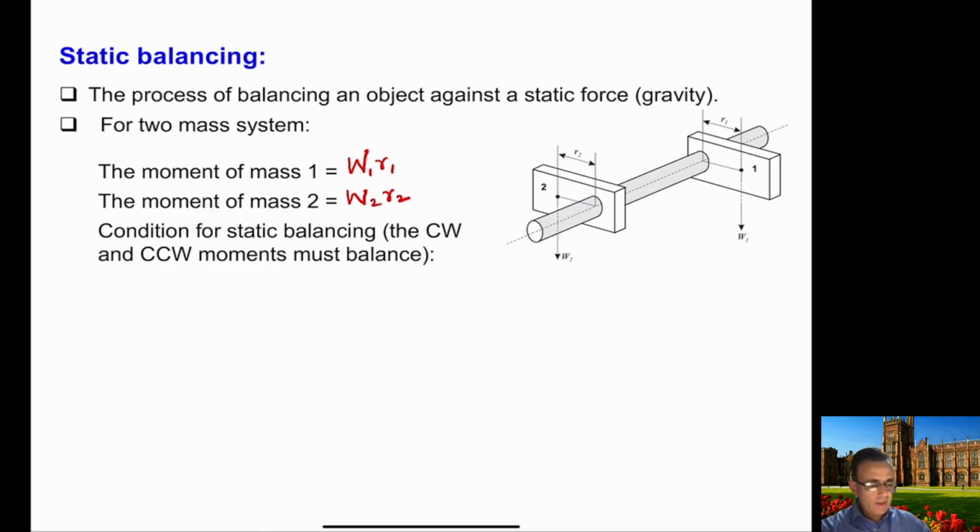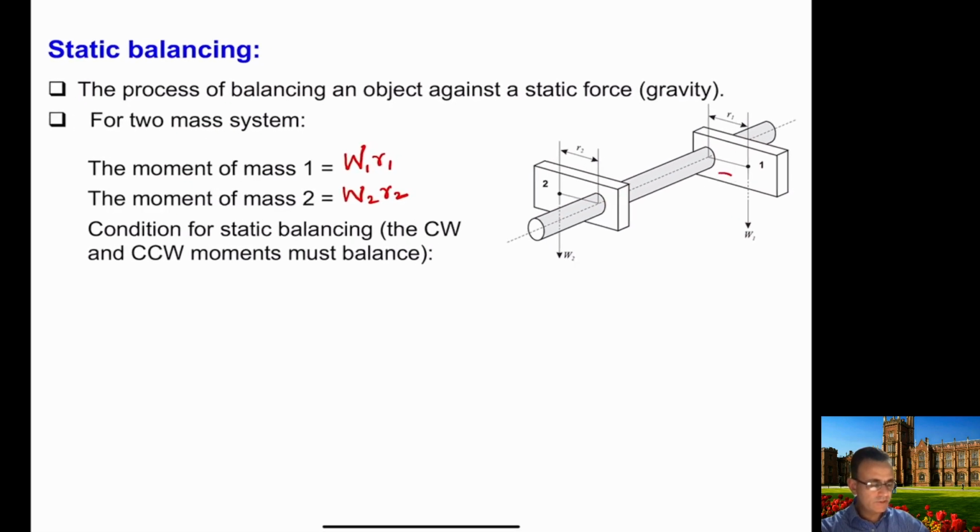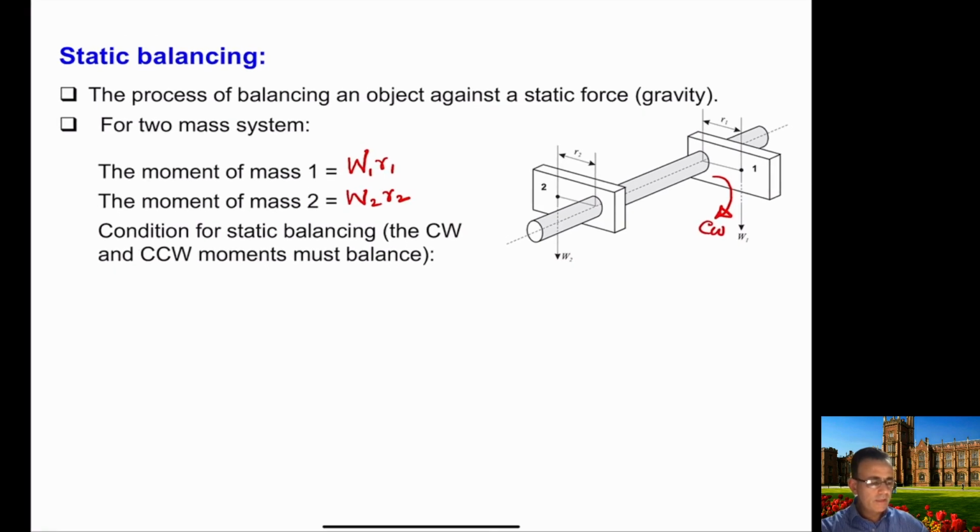Okay, and as we know, W1 will try to rotate the shaft in the clockwise direction, or in this direction here, and W2 will try to rotate the shaft in this direction here, so in the counterclockwise direction. So now we know that the condition of static balancing is that the clockwise and counterclockwise moments must balance.